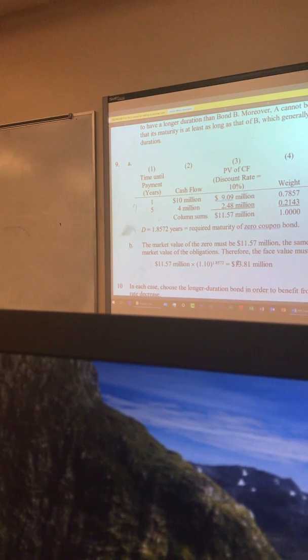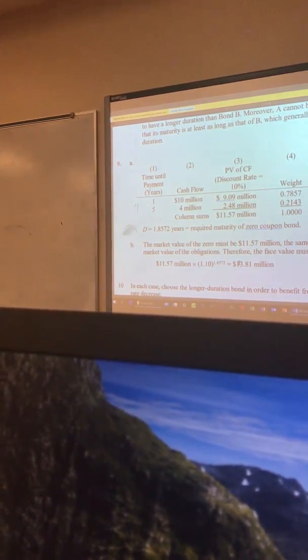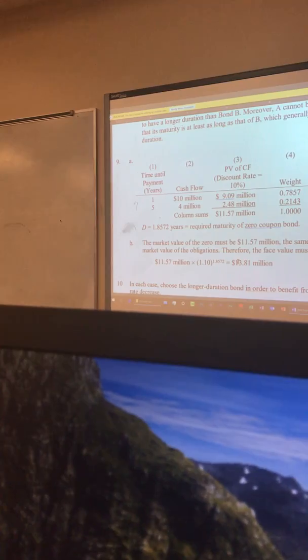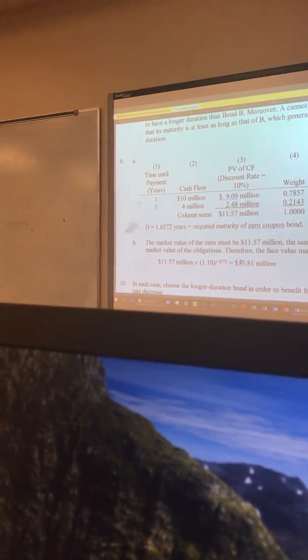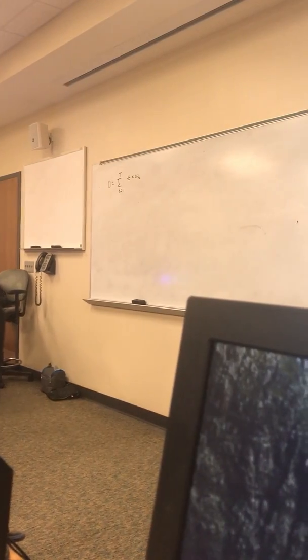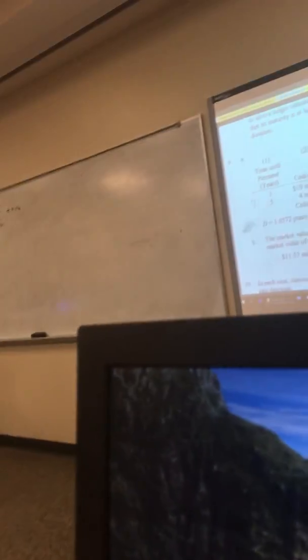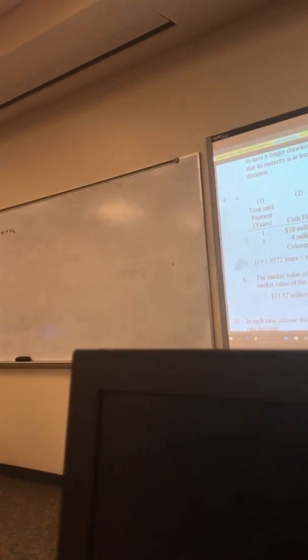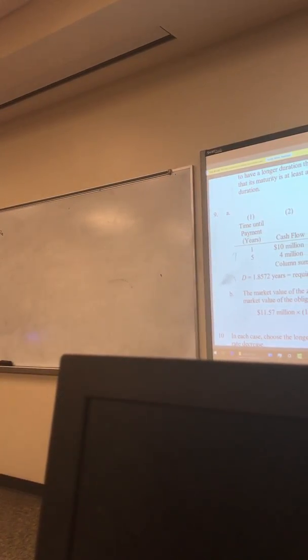It goes up. If you owe money, however, and interest rates go up, what happens to the present value of what you owe? It goes down, right? Think about this.